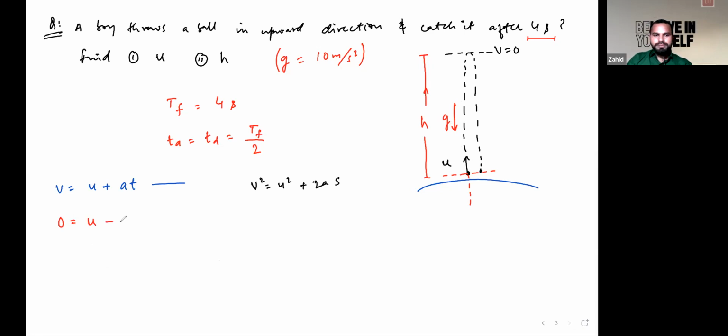Acceleration is minus g, which equals 10, and the time of ascent is just 2 seconds. So if you solve, you will get 20 meters per second. Now put this value in this equation, and you will get the height attained by this object.